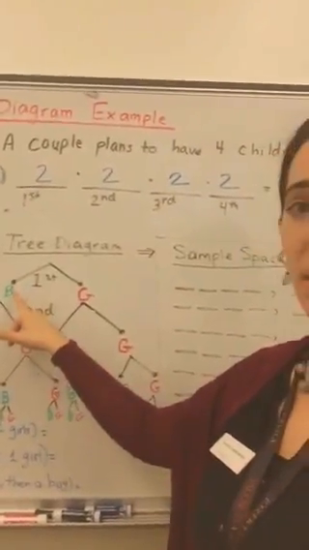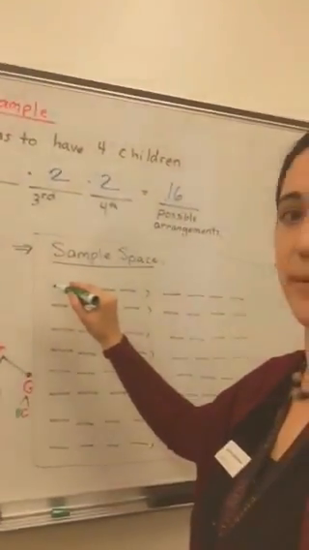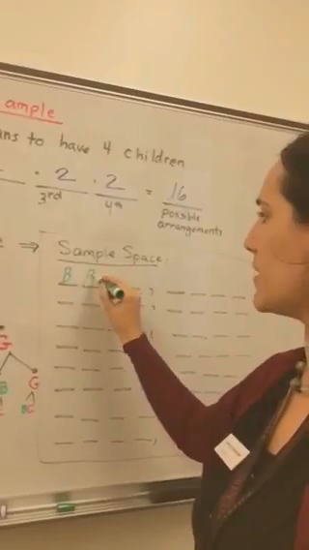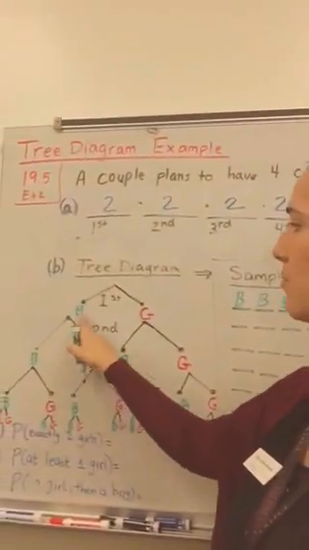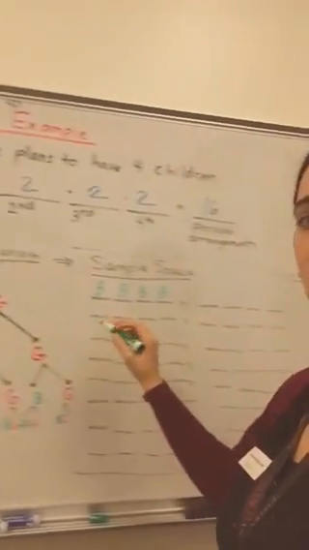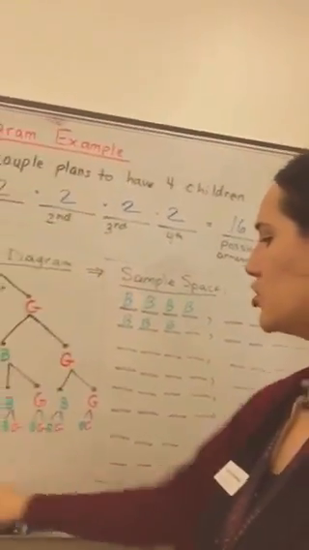Now we're asked to write our sample space. So we begin by looking at our tree diagram and following what our possibilities were. Boy, boy, boy, boy. So I write in my sample space, BBBB. Next up, we could have done boy, boy, boy, girl, or BBBG.